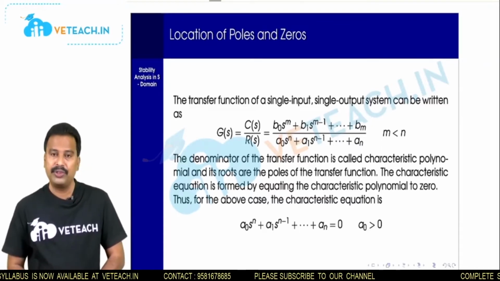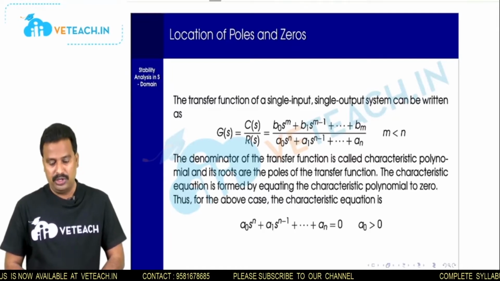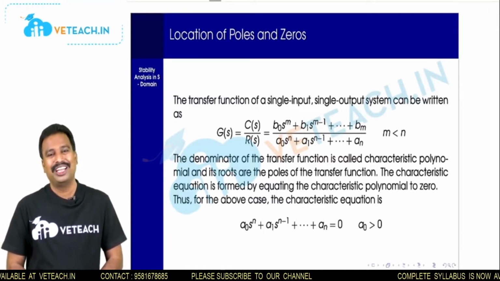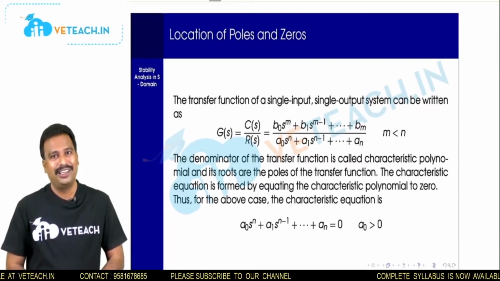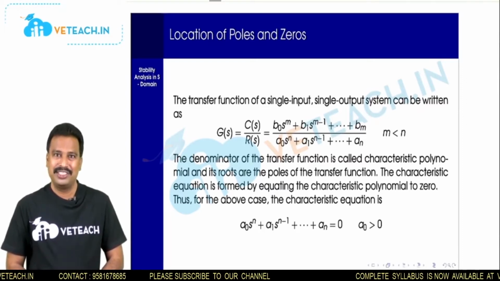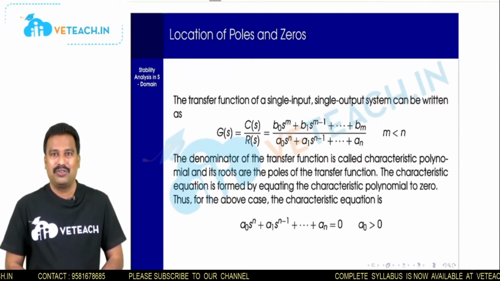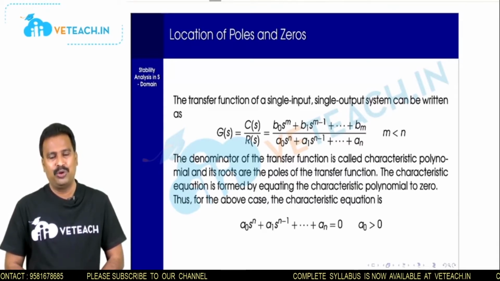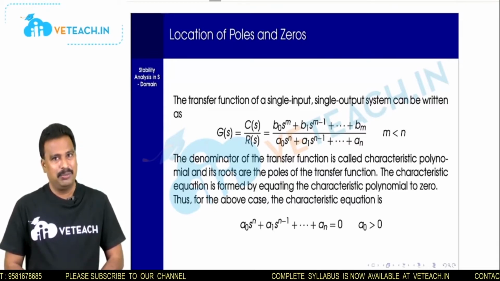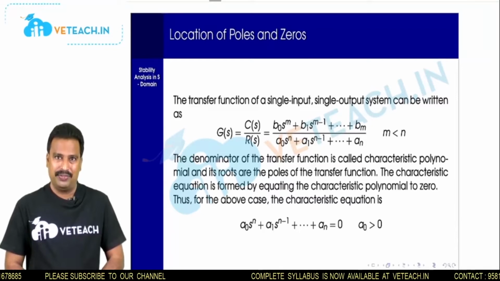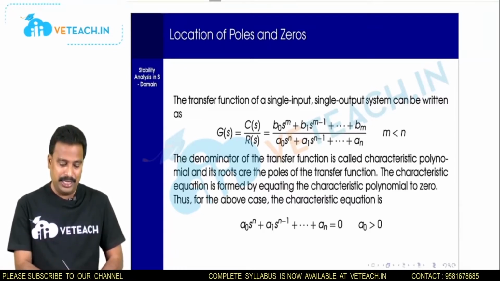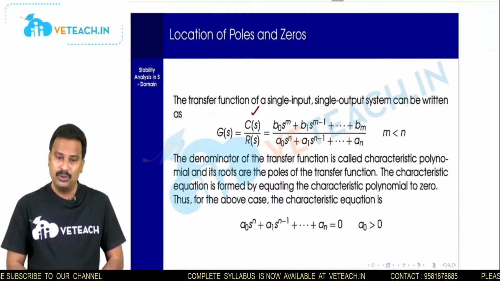The transfer function of a single input and single output system can be written as G(S) equal to the ratio C(S) by R(S), where C(S) is the output parameter and R(S) is the input parameter. It is nothing but the Laplace transform of output C(S) and Laplace transform of input R(S).